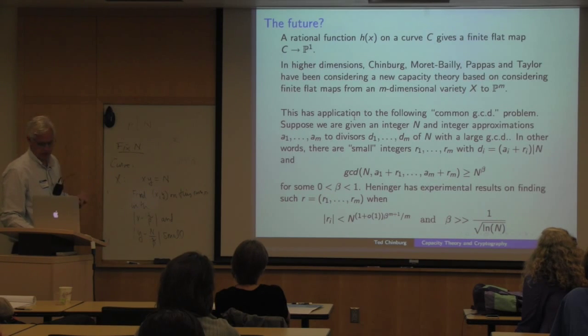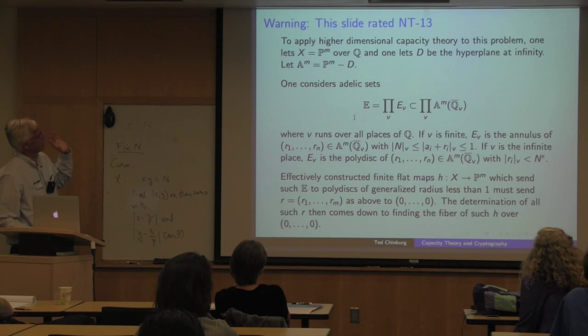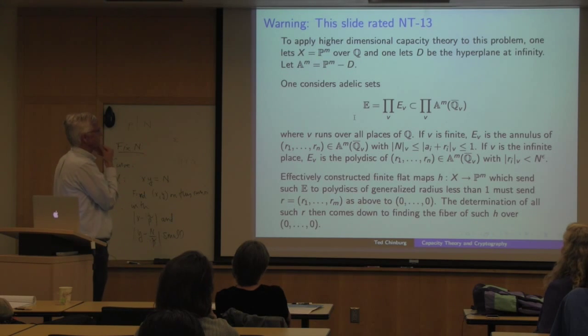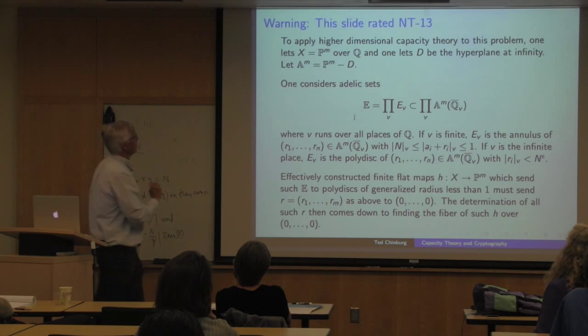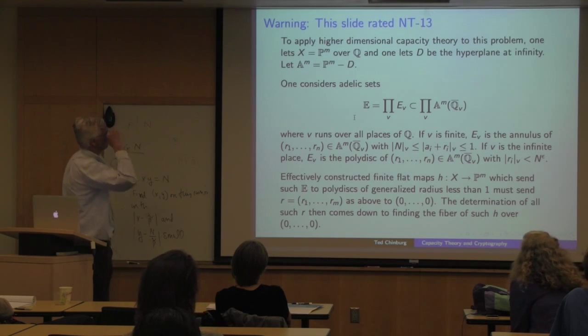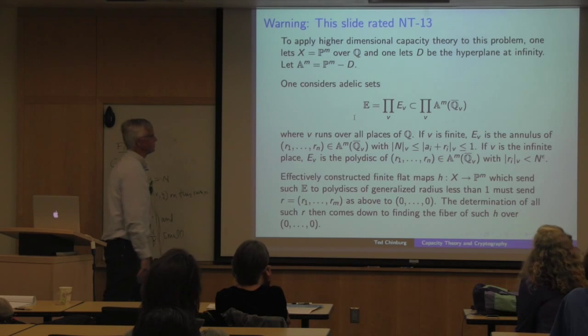So now the next slide is rated MT13, I guess, a more number theoretic slide. So if you want to actually use capacity theory to do this, the variety you want is projective space. You take out the hyperplane at infinity, so you just have affine space.